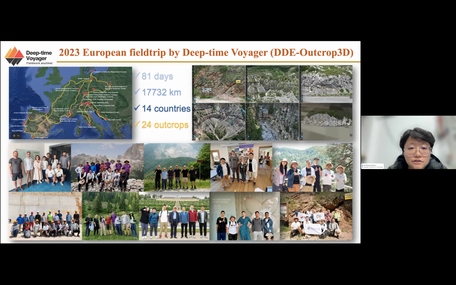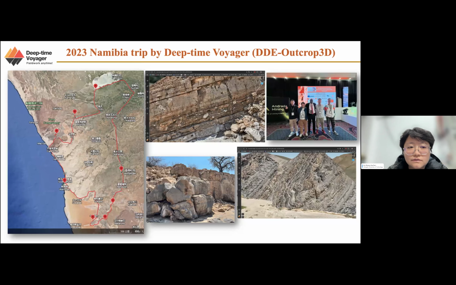And we continued the work in 2023. We visited Namibia, and we also made a round trip over there and digitalized a few classic sections, especially from the Ediacaran age.